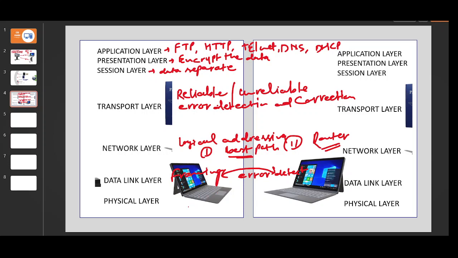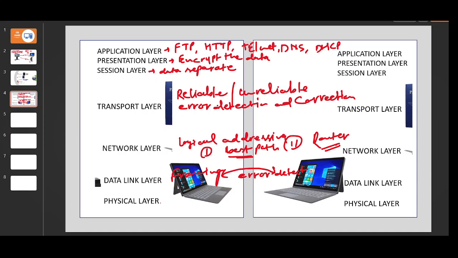Now comes the first layer, which is the physical layer. Here bits, voltage, cables, there are many things existing at the physical layer. The name states the information. Physical layer means where we can touch. So we can touch the cables, we can touch the devices.